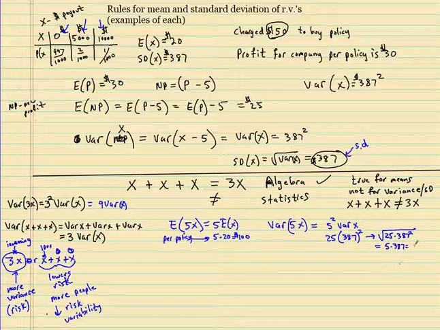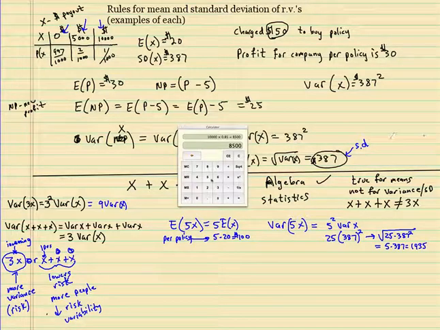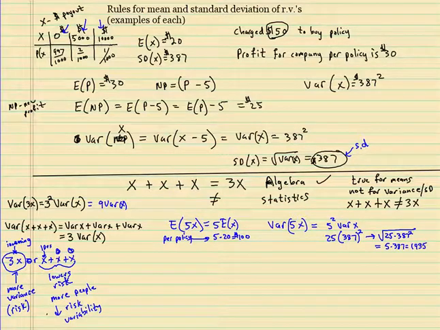Is it 1935? Let's do a quick check: 387 times 5. Hey, it's right. So that's your standard deviation. Your new mu of 5x equals $100, and the standard deviation of 5x equals 1935, and this is in dollar signs.